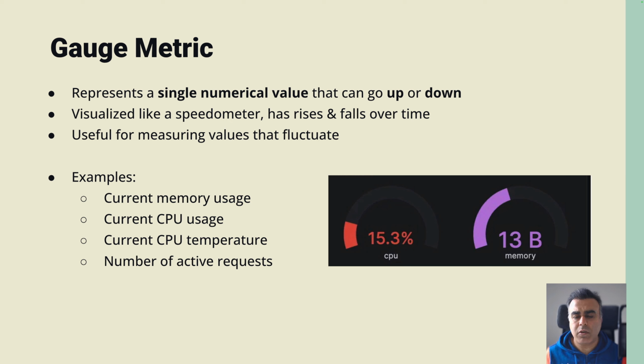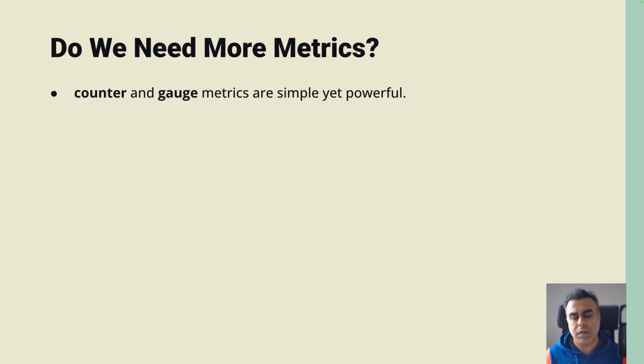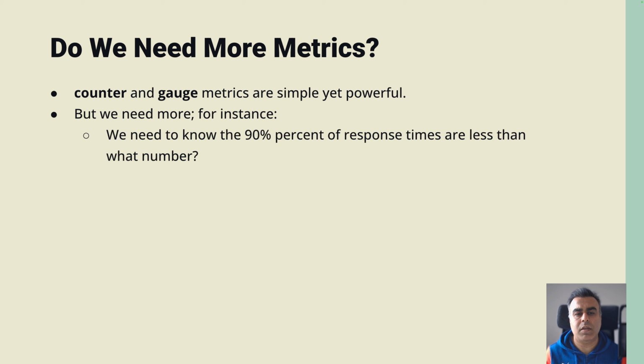And the question is, the counter and the gauge seem enough, so can we visualize everything with these types? But there are some scenarios that these metrics cannot answer. For instance, we need to know that 90% of the response times are less than what number.